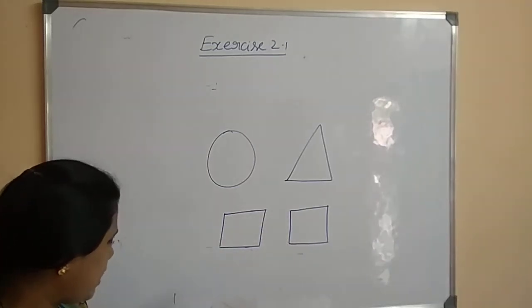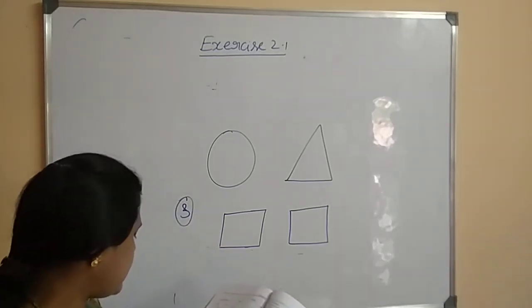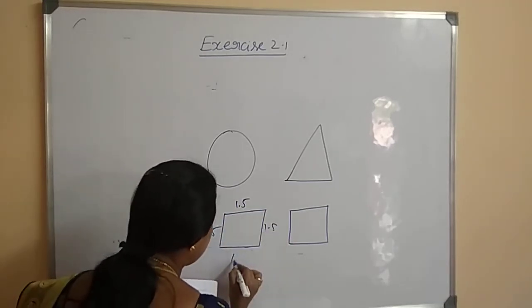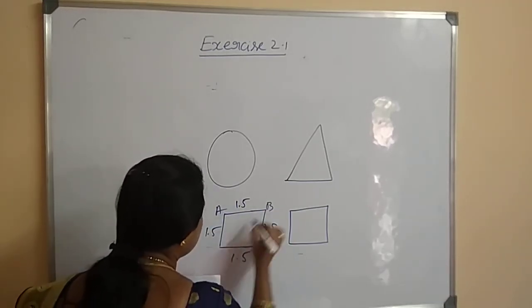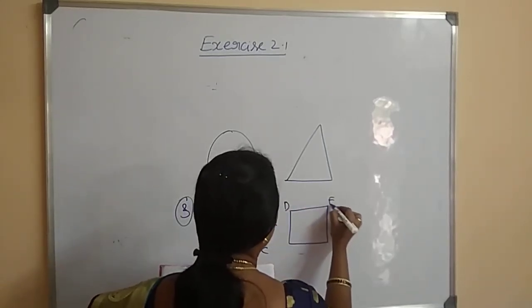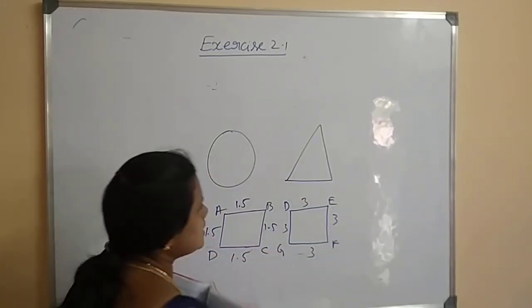They have given another problem also. Third problem they have given in this exercise. This it is having 1.5, 1.5, 1.5, 1.5, A, B, C, D. And this one D, E, F, G. This they given 3 centimeter, 3 centimeter, 3 centimeter.